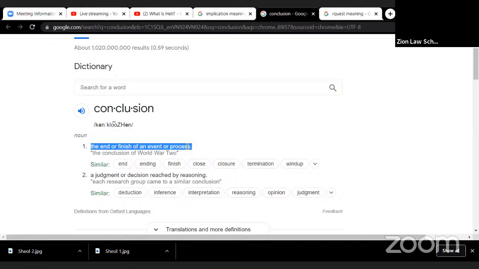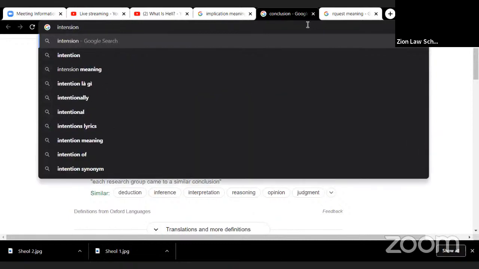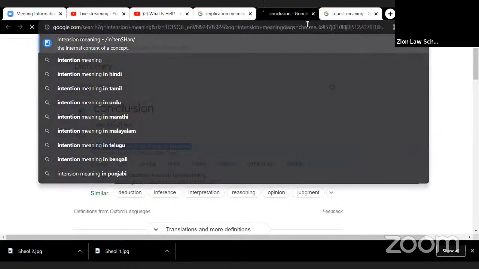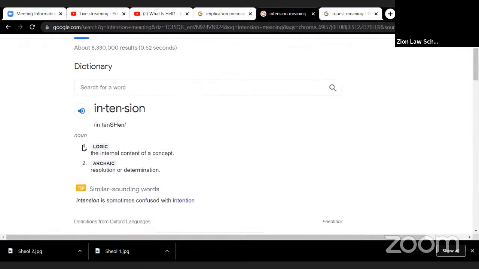Okay. Now, by extension, to demand. So now let's look up extension, okay? So when we do this, we always have to check for not only the precise meaning, but do we agree with the reasoning? Is it reasonable? Is it logical? Extension. Okay.